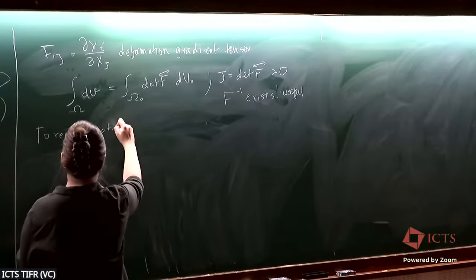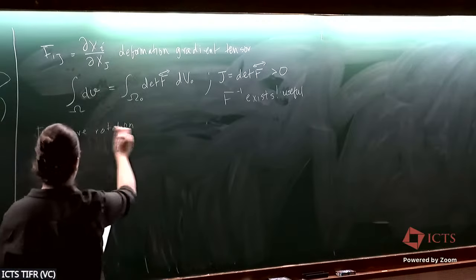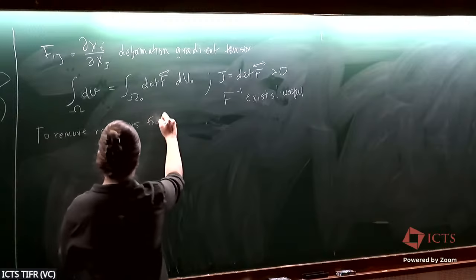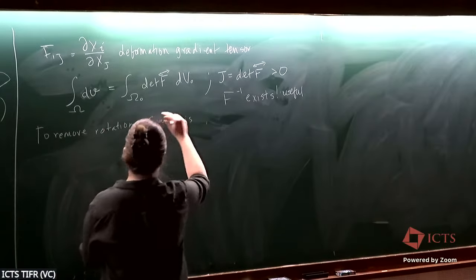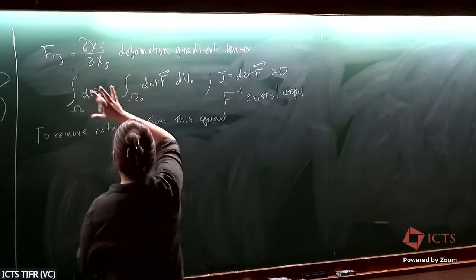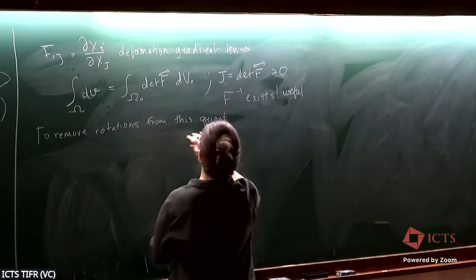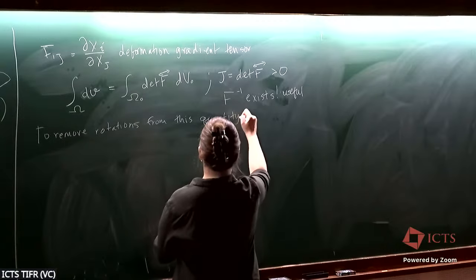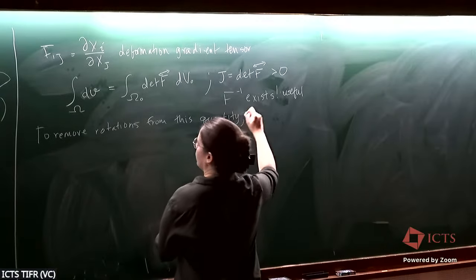To remove rotations, translations are fine. To remove rotations from this quantity, the rigid translations would, of course, leave it unchanged, but rigid rotations would not. It takes some work.